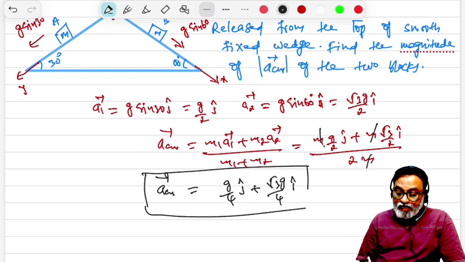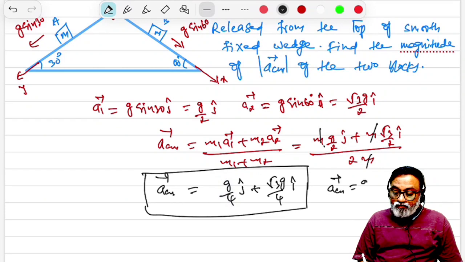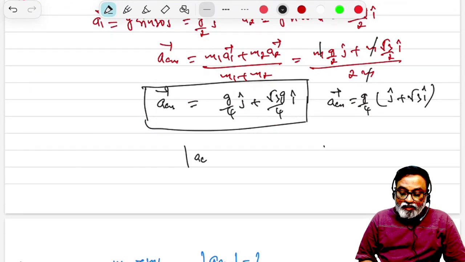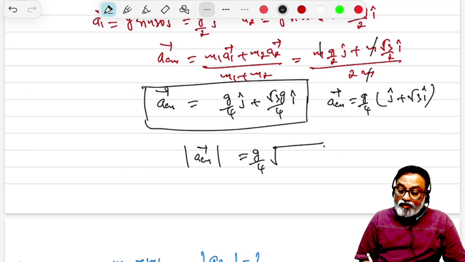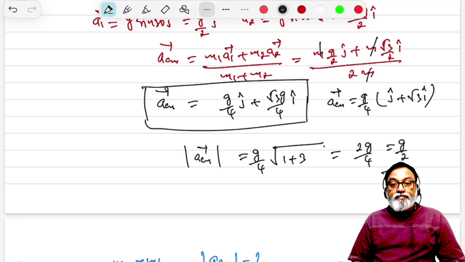This is the acceleration, but we have to find the magnitude. ACM bar is equal to g by 4 into j cap plus root 3 i cap. Therefore, modulus of ACM bar is equal to g by 4 into square root of 1 square plus root 3 square, that is 3 plus 1, 4, root 4 is 2. Therefore, 2g by 4, that becomes g by 2.